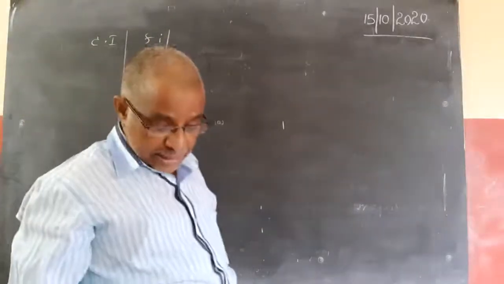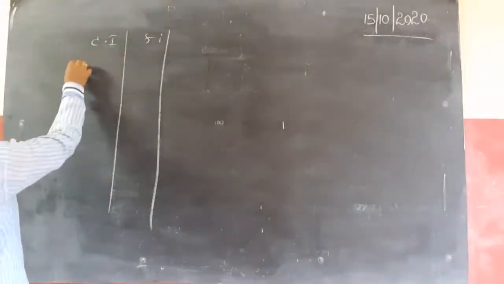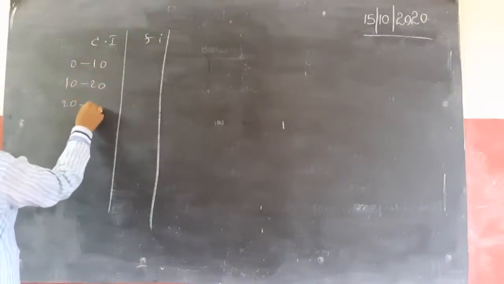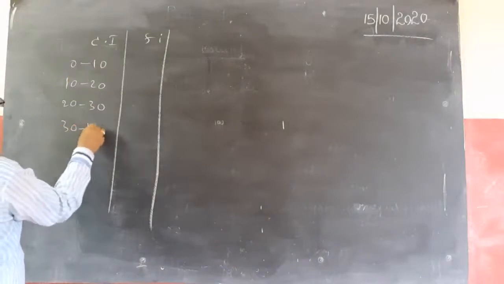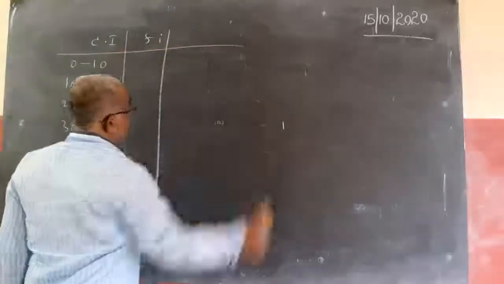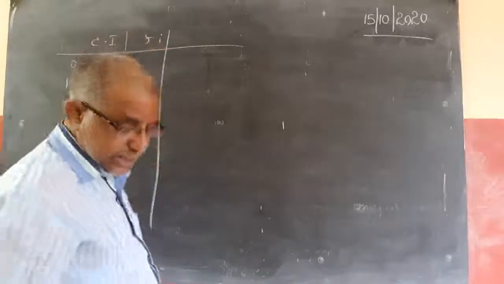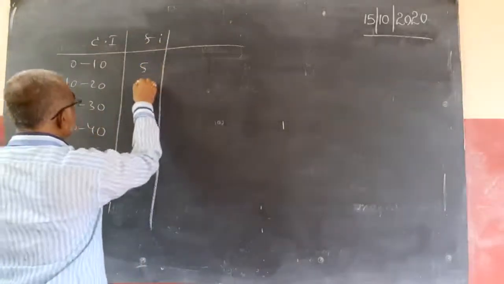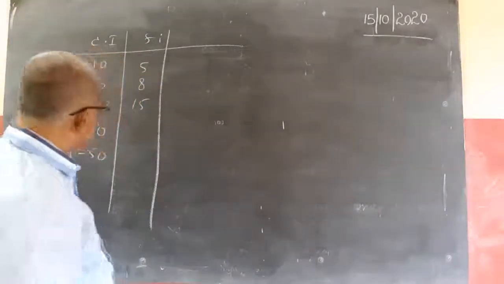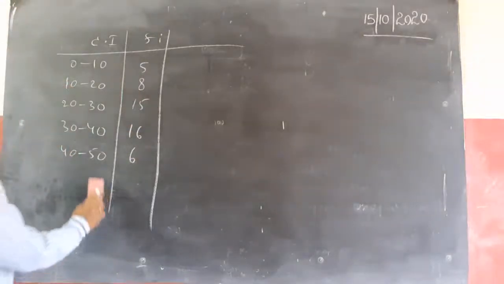Class intervals are 0 to 10, 10 to 20, 20 to 30, 30 to 40, 40 to 50, and the frequency fi is given as 5, 8, 15, 16, 6. Now find the mean deviation about the mean for the following data.